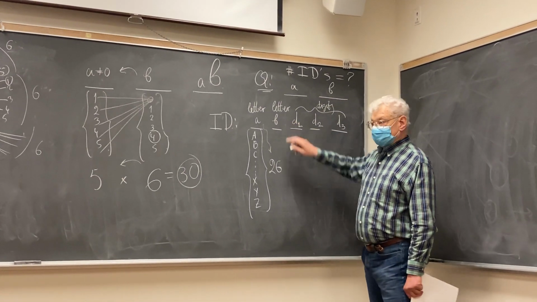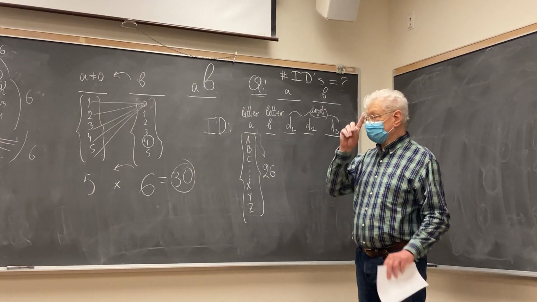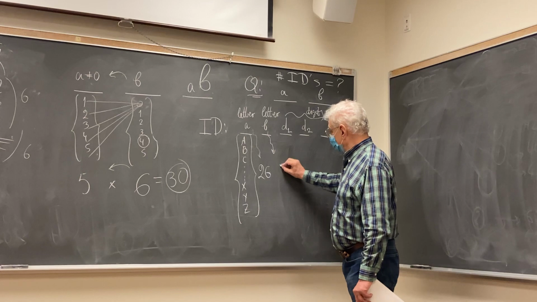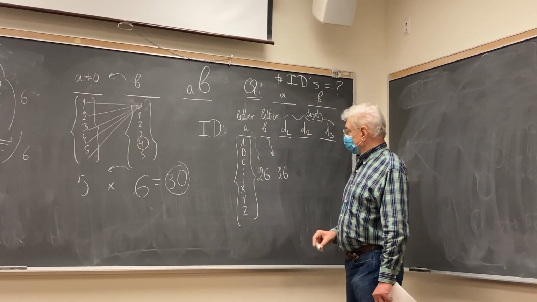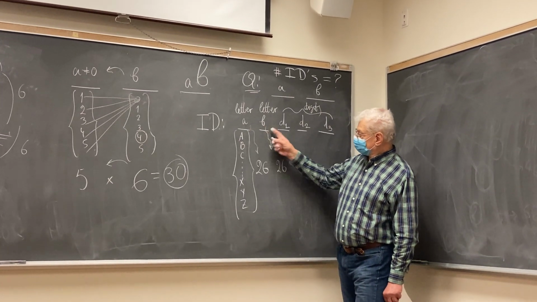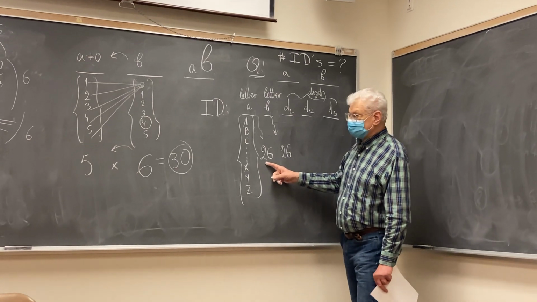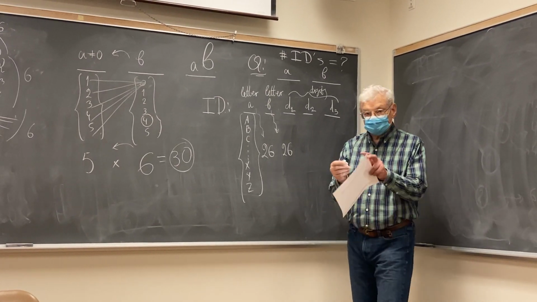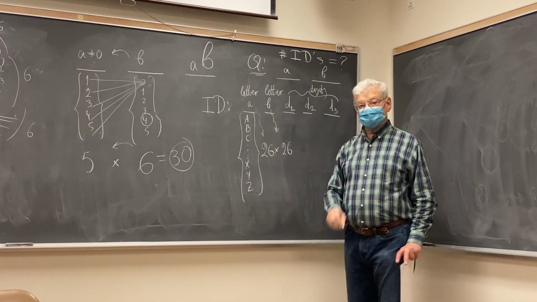Next is also a letter. Do we have a restriction? No, we don't. So for the second letter, we also have 26 possibilities. Total, it will be 26 times 26.